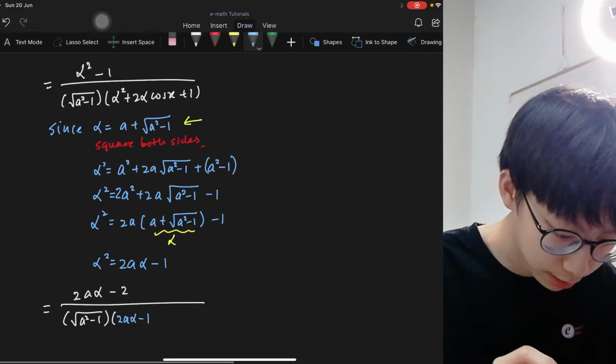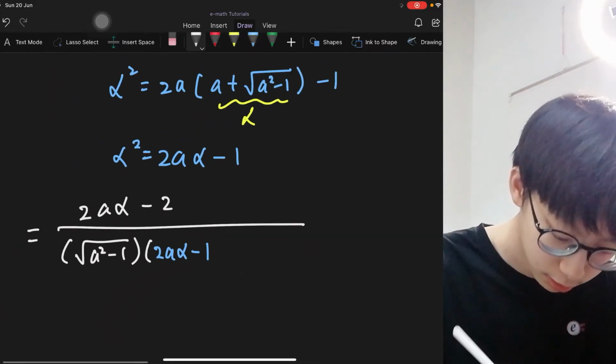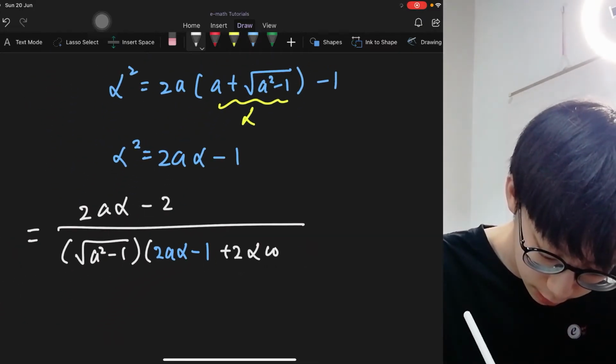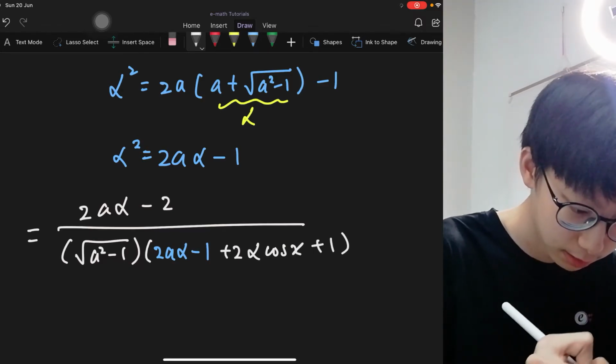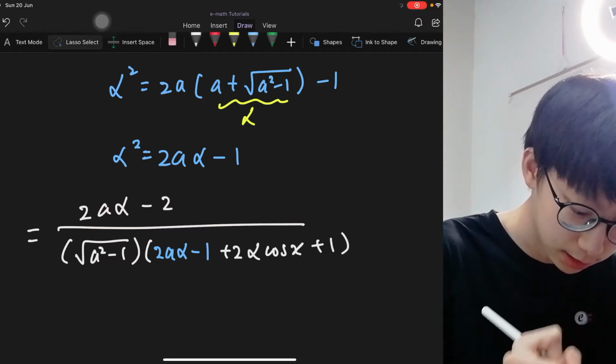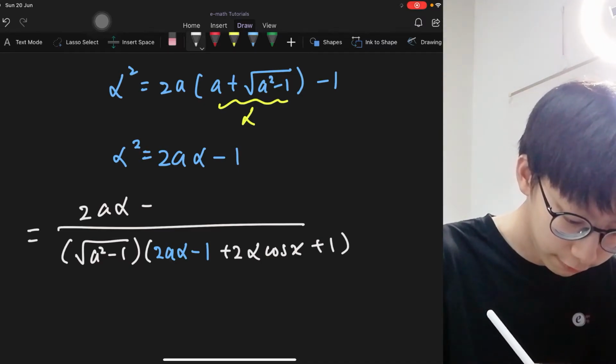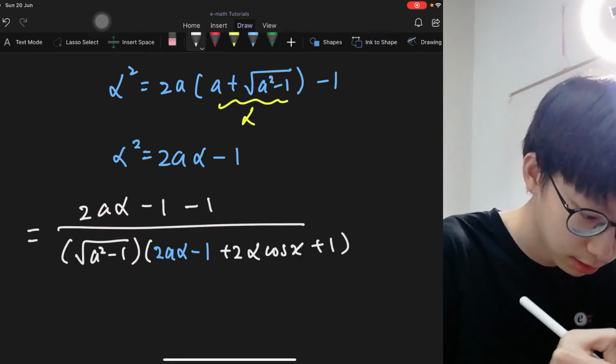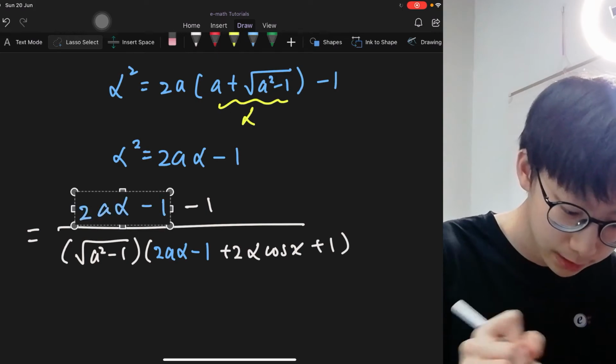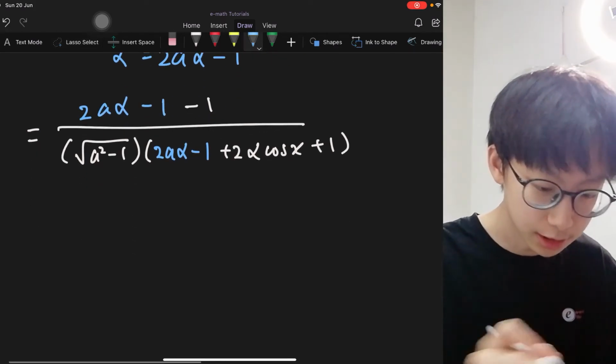Then 2 alpha cos x plus 1. So this is actually 2 alpha minus 1 minus 1, and this is actually from our alpha square. Then we clean up the stuff a bit.